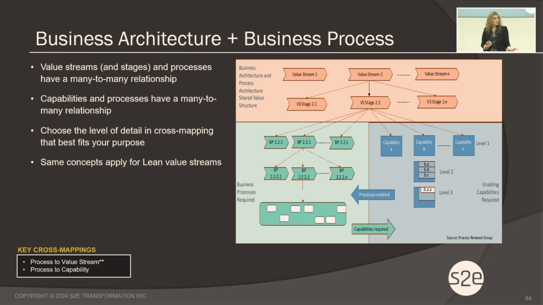But from a process perspective, we can also look at value stream stages as a collection of processes or even process activities. So just to say these things fit together nicely, and sometimes we will view the world differently depending on what it is that we do and how we want to see it. So in terms of the cross mappings between business architecture and business process, the key relationships are between value streams and processes, as well as capabilities and processes. And I'll show a little bit more detail on how these things fit together.